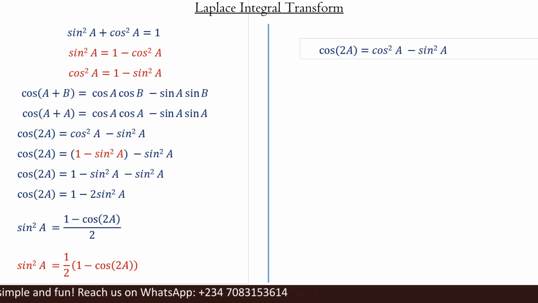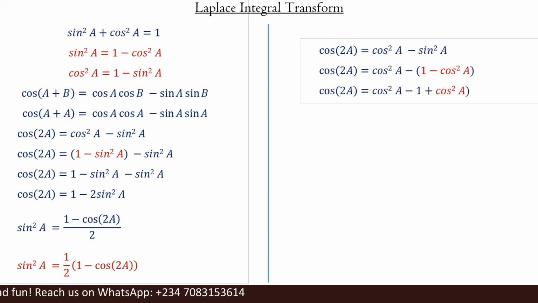Now, sin squared A is 1 minus cos squared A, right? Now let's write it. You are going to have cos 2A is equal to cos squared A minus, in place of sin squared A, now we have 1 minus cos squared A. Let's open the bracket.